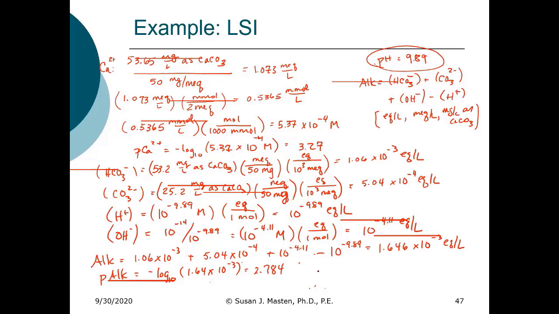2.784. So my pH sat, as I said, is P Ca2 plus plus P alkalinity plus C, and that is equal to 3.27 plus 2.784 plus C that we calculated previously of 2.61, and that is equal to 8.66.